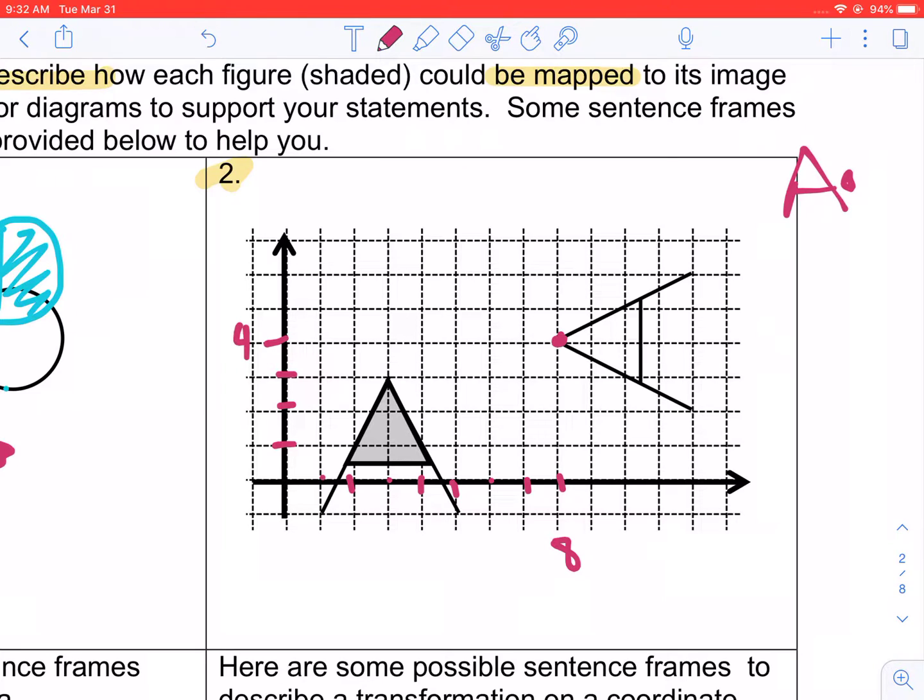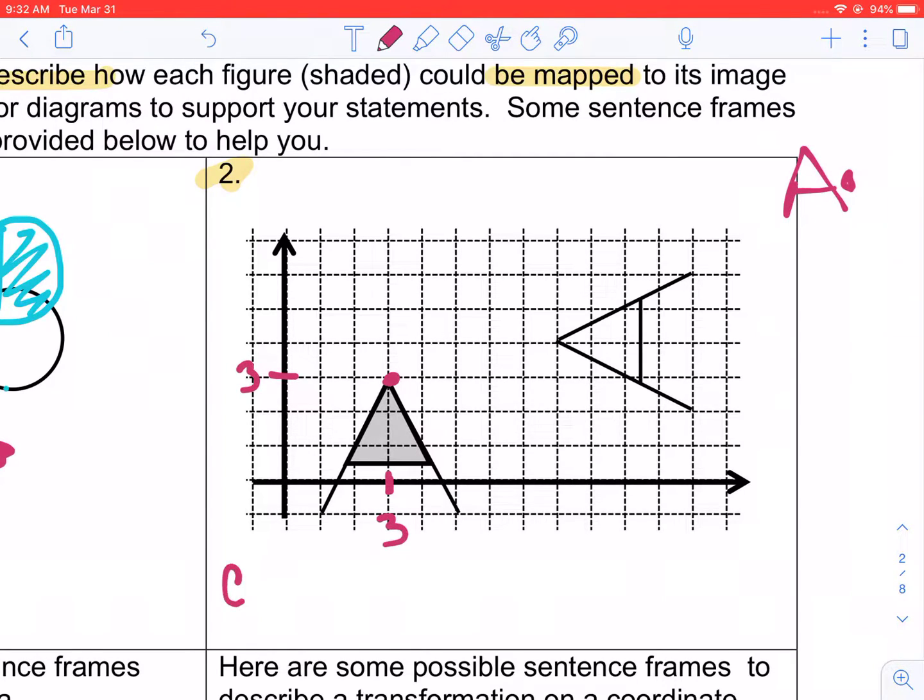I'm going to say that figure, sorry, I need to try to, see that's why it's important to read the instructions. I need to map this into this. Okay, so from the shaded A to the non-shaded A. So my center of rotation this time is going to be the point (3, 3).